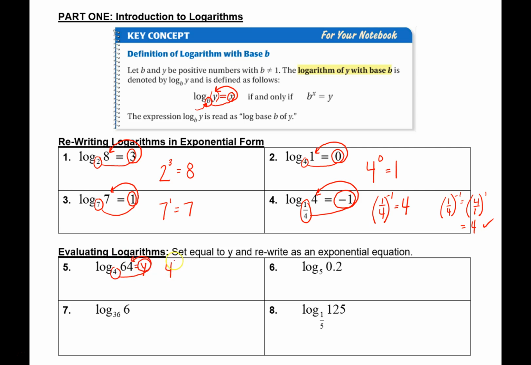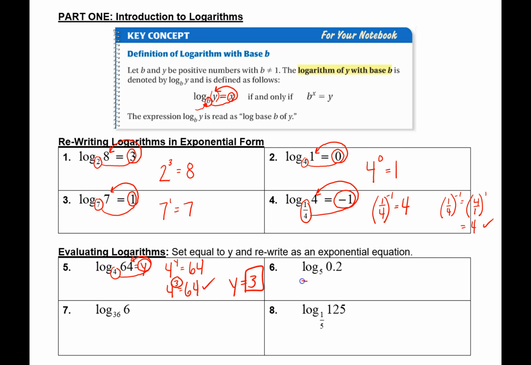And then I need to think about what power does that need to be? 4 raised to the third power is 64. So that means that y has to equal 3 because it makes that exponential statement true. So log base 4 of 64 is 3.